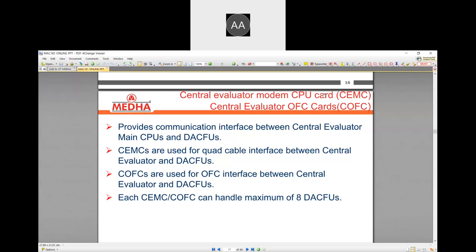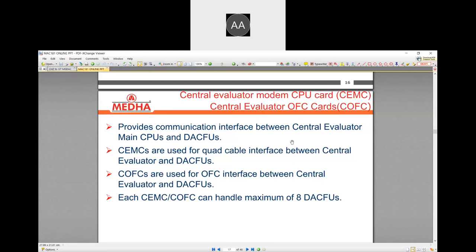If the communication between the central evaluator CPU and the field unit, that is DACFU, is through quad cable, we'll be using the CEMC, that is the central evaluator modem CPU card. And if the mode of communication is through OFC, we'll be using the central evaluator OFC card.